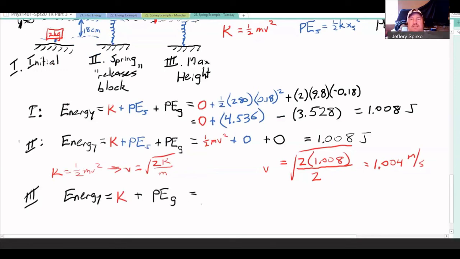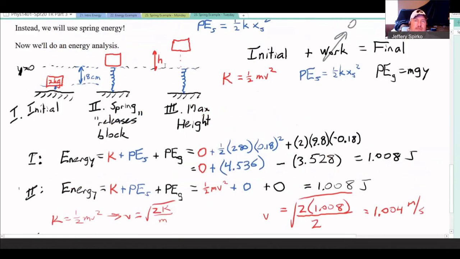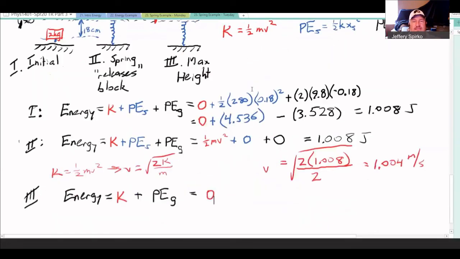Basically, the spring energy got to 0, and it's not going to do anything else against us. So now we have our kinetic energy is 0 at the very tippy top of the motion, because when something goes up into the air straight up and comes back down, it has to briefly stop at the very top.